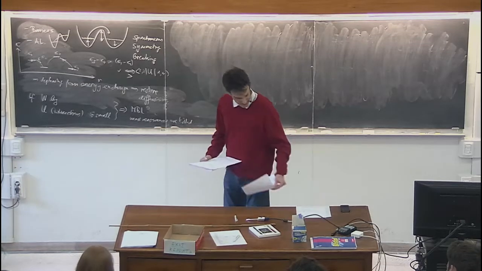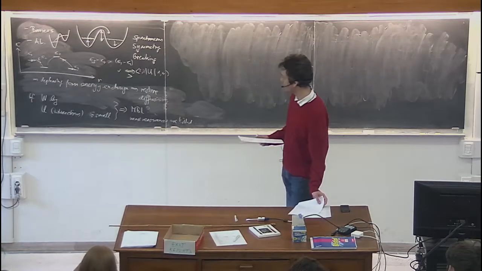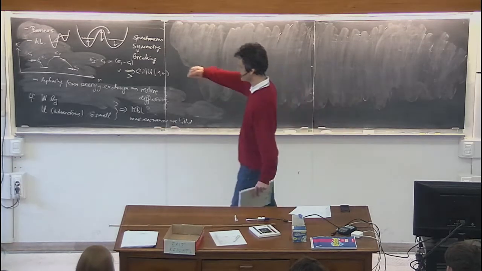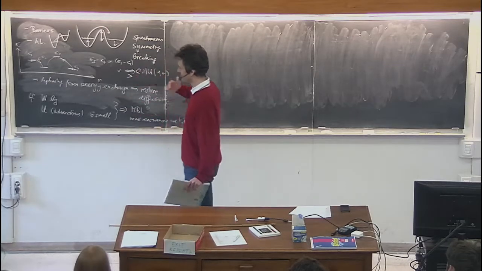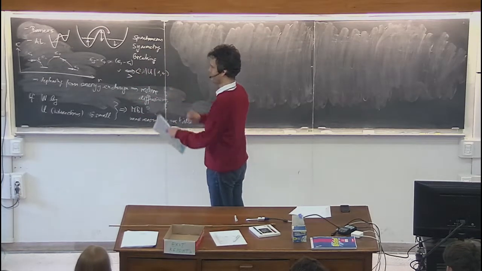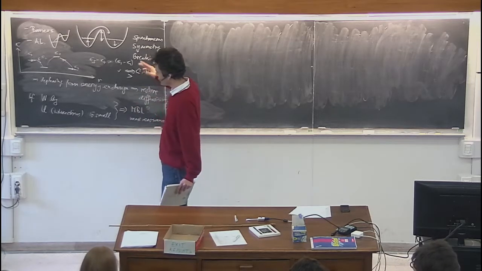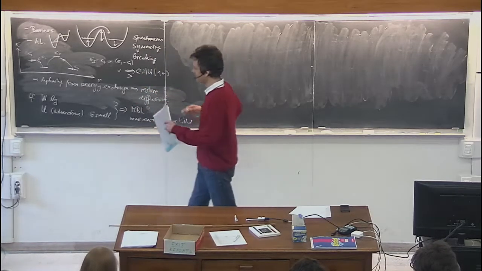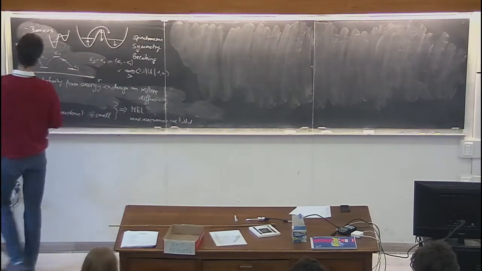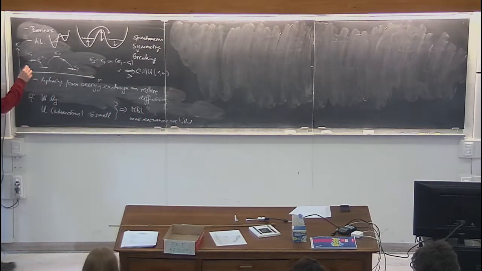Okay, but now before we go further into that, I should tell you what happens if this is not happening. Because if the interactions are strong enough, then you can say this Anderson localization is destroyed by dephasing.